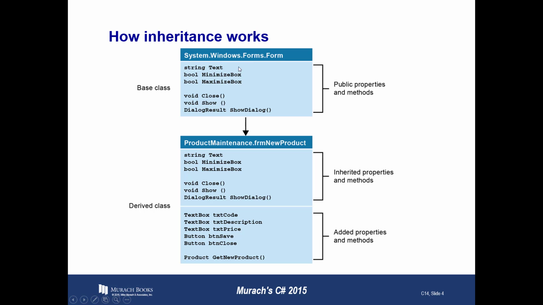So the form class itself has all of this. So notice, so does the child. But the child can add new things. The child can also do what's called override things it gets from the parents. So in other words, the child automatically gets this close method. But if the child doesn't like it, it can override it to make it do something that it wouldn't normally do.